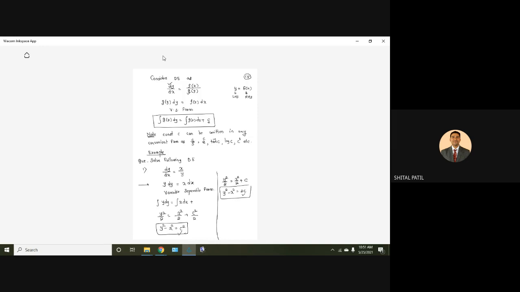But it is always better to write the constant as c square by 2. If similarity is there in every term, use the similarity and write the constant. So both the answers are correct. Yes. Next page.